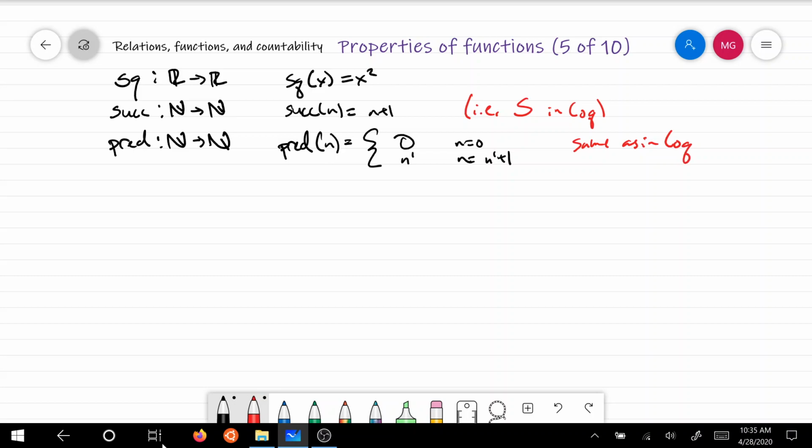Terrible handwriting. One last one, this one's kind of funny. I'm going to call it swap, also on the naturals. And then what it's going to do is swap evens and odds.